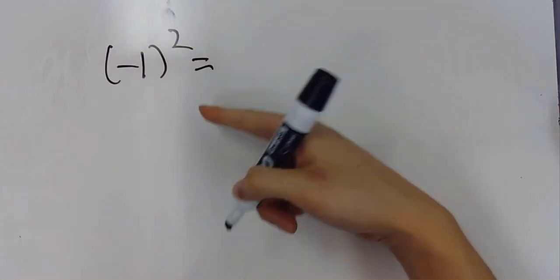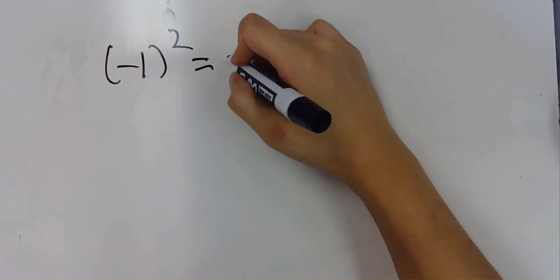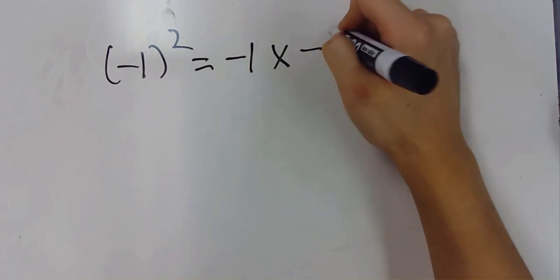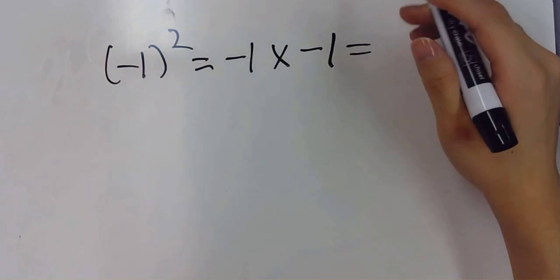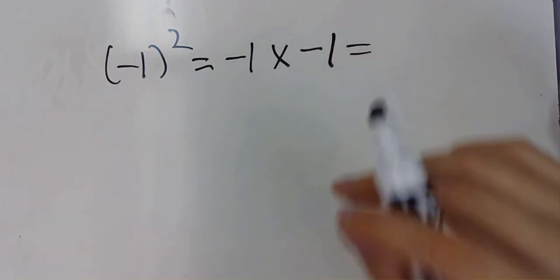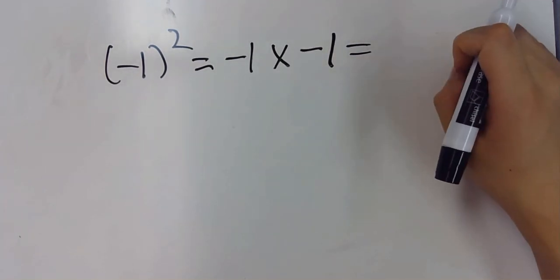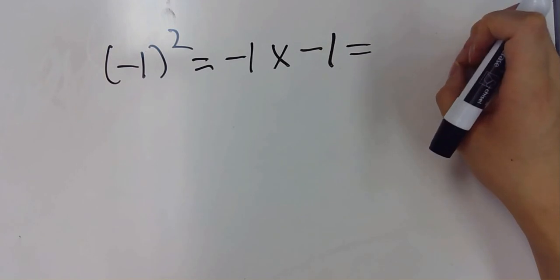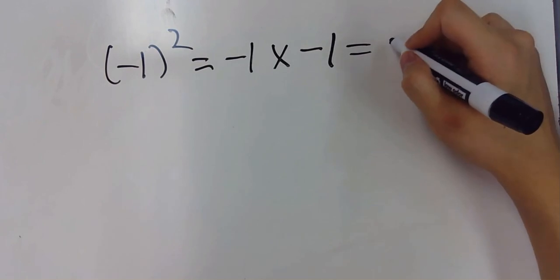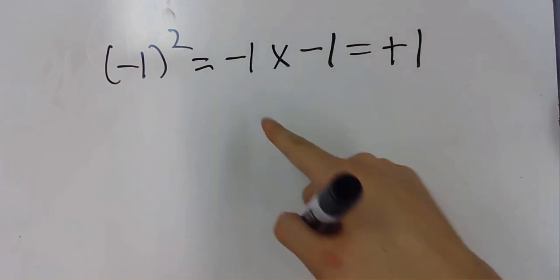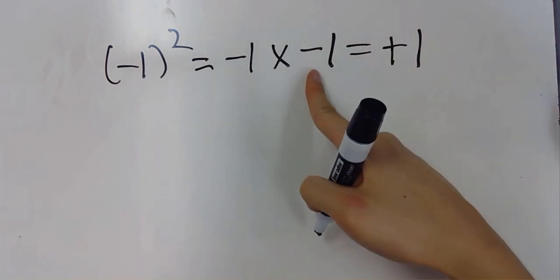Then we know that negative 1 to the power of 2 means we're multiplying negative 1 by itself, negative 1 by negative 1, which is equal to negative 1 times negative 1, which then becomes a positive 1 since we have two negative numbers.